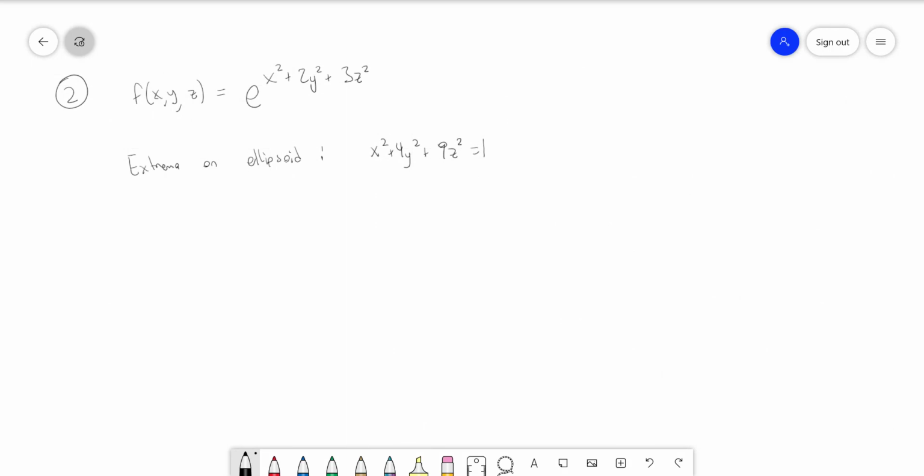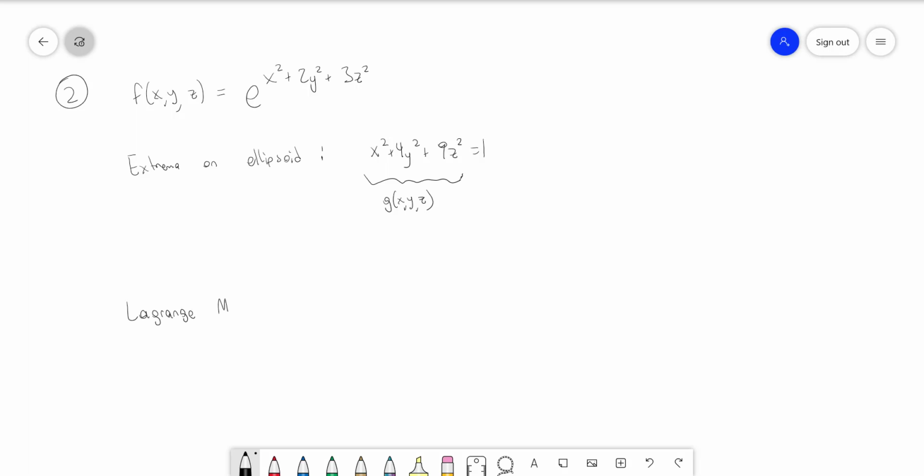Okay, so this is a Lagrange multiplier problem. So we are trying to find the extrema of a function, but we're being constrained by some equation. So then this function that we have in the constraint equation, I'm going to call that function g, and then f is the function that we were trying to find the extrema of.